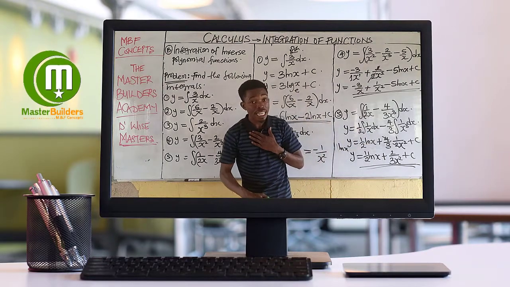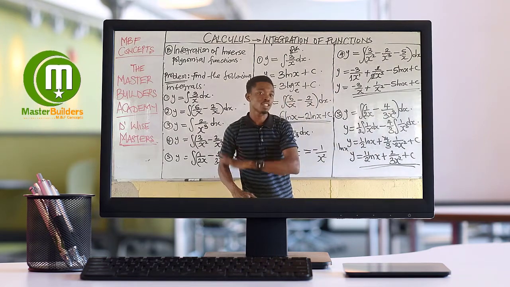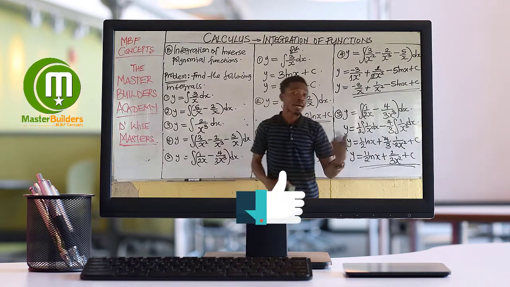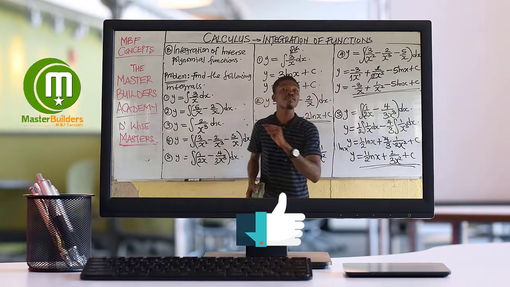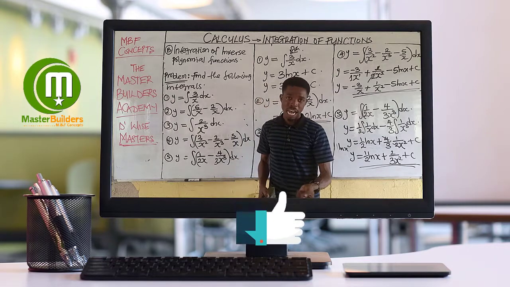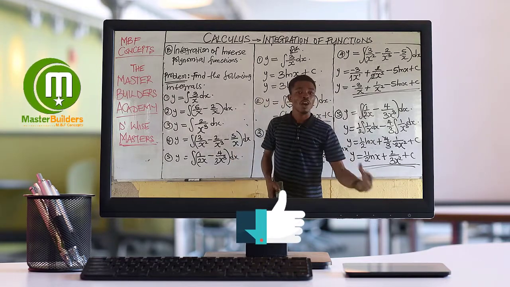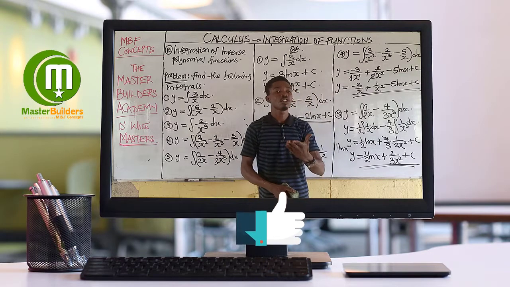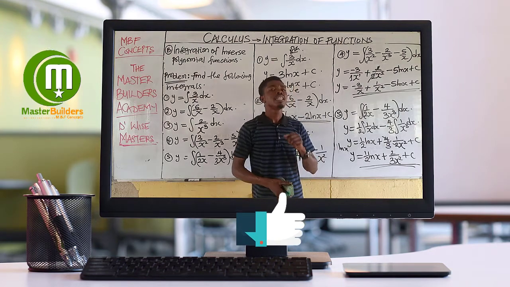When the power is 1, then the answer would be the numerator times ln of the denominator. Now, if the power is more than 1, then multiply the numerator by negative 1, then reduce the old power by 1. And whatever you have as your new power will now become the coefficient of x at the denominator. This is understood, guys. You have gotten value in this lesson.